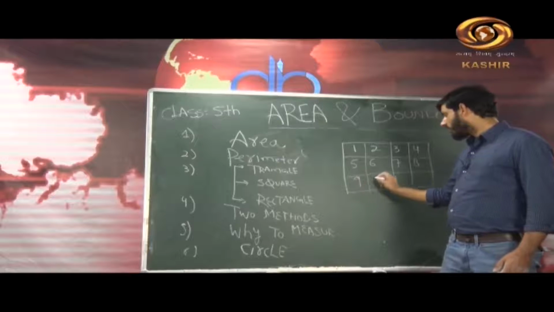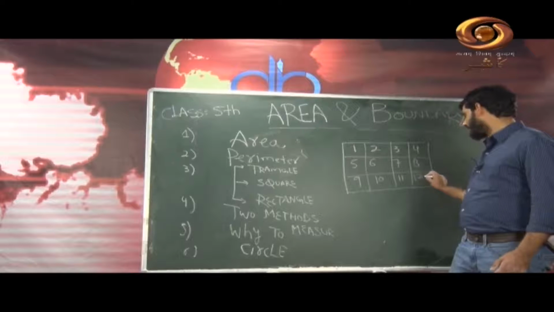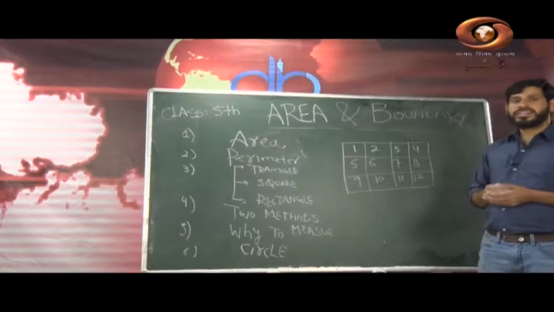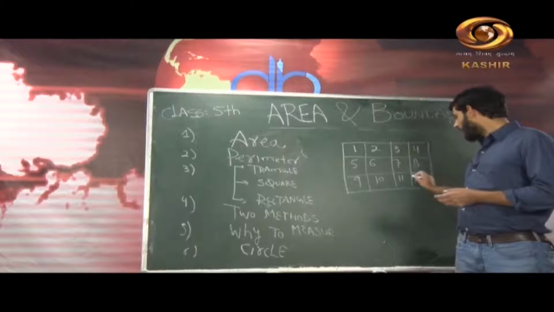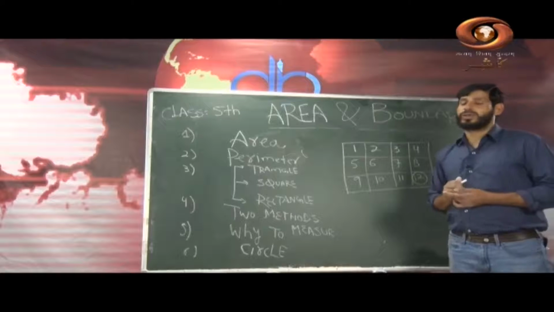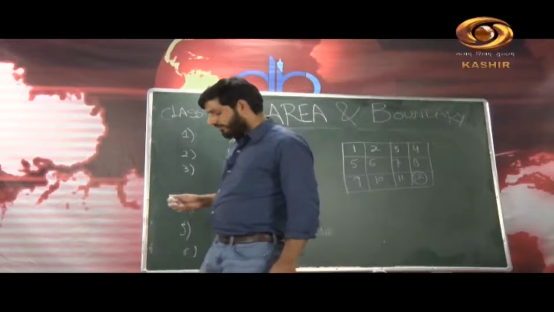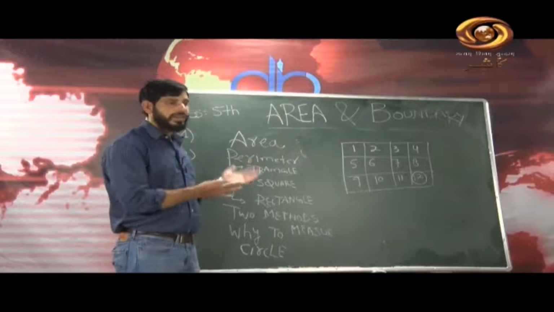So, we are calculating the area of the rectangle by counting the number of squares. If we have this sort of rectangle, its area will be 12 because the squares sum up to 12. So, this is one of the methods, counting the number of squares, for both square as well as rectangle.